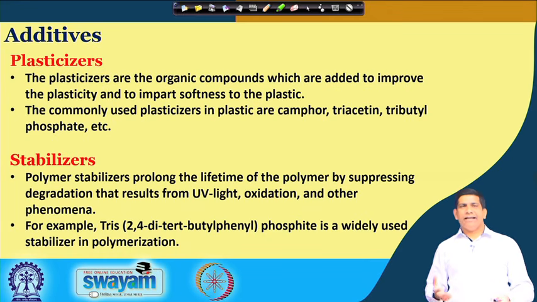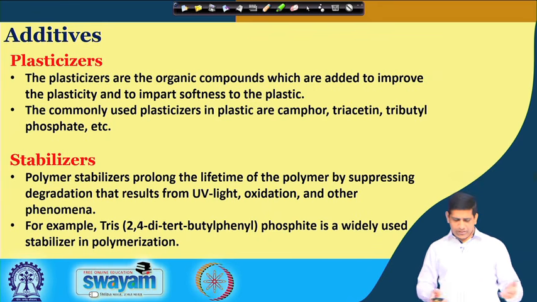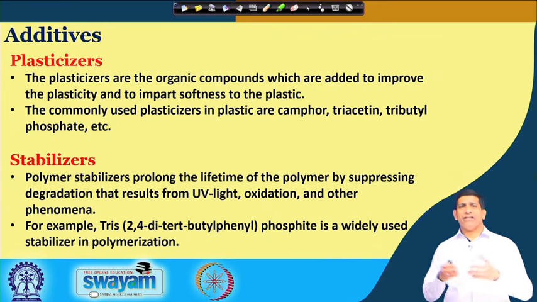So, it has to take different temperatures and different sunlight. It does discolor. Say if you have watched plastic chairs, especially used in functions or by caterers or decorators, if used in the sun quite a bit, it does get discolored. That is because of the impact of light, oxygen and the weathering conditions, as we call it in general. So, polymer stabilizers help in prolonging the life of the polymer.